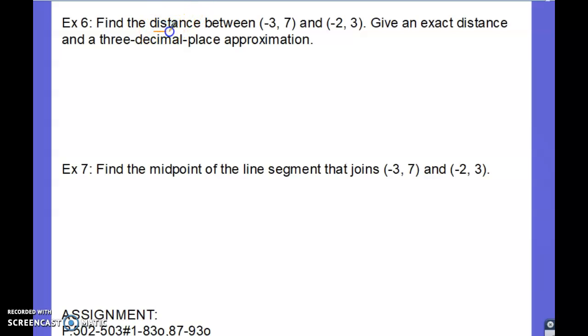We're also going to practice the distance formula. I like teaching the Pythagorean theorem to do distance instead of the distance formula. Just makes more sense for students, especially with a visual learner. So what I'm talking about is looking at the ordered pair -3, 7.